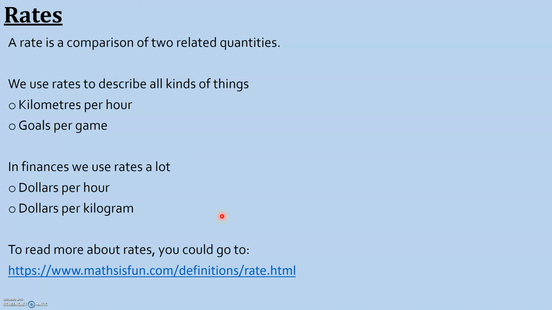In finances, we use rates a lot. For instance, you might be paid and want to know how many dollars per hour you earn, or if you're buying things, you might want to know how many dollars per kilo you're paying, and so on. This website here has quite a good little page on rates if you want to read up a few more examples.